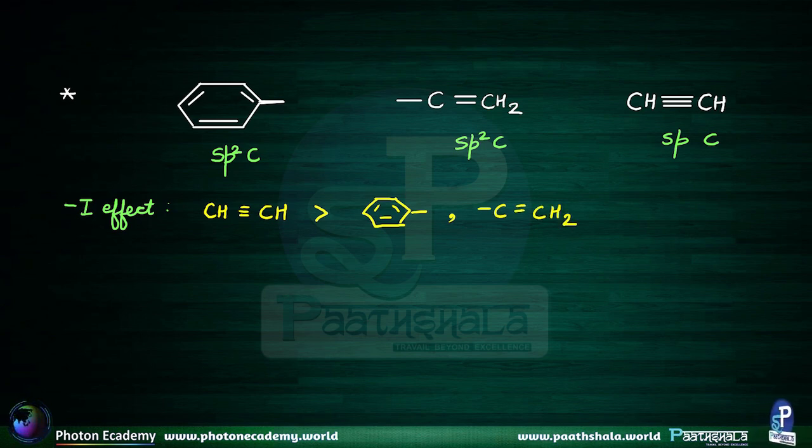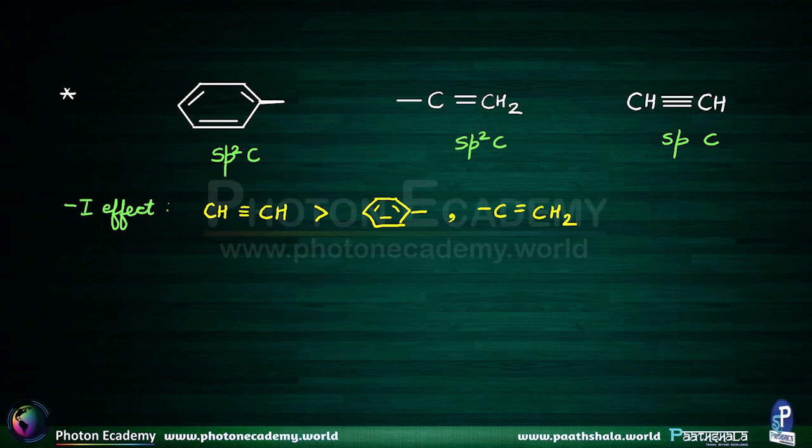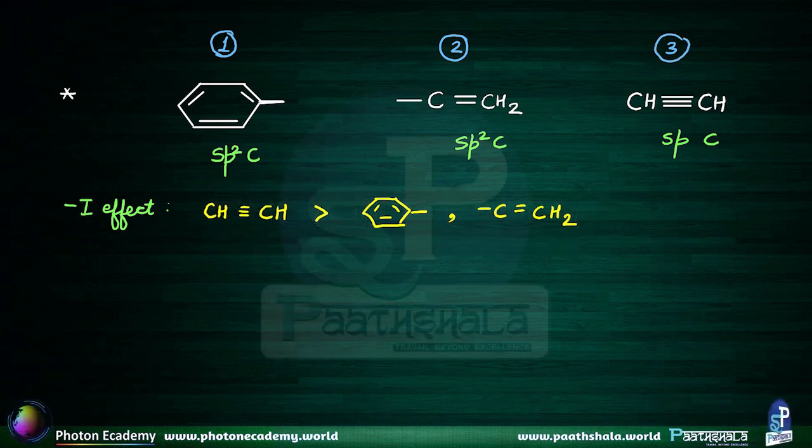So we are clear that the third one will be greater than the first and the second. Now we have to decide which is greater from the first and the second. So I'll just mark the first. So this is the first one for us. This is the second one for us, and this is the third one for us. So we have to see out of the 2 and 3, we have just decided that the third one has greater electronegativity, therefore it has greater minus I effect.